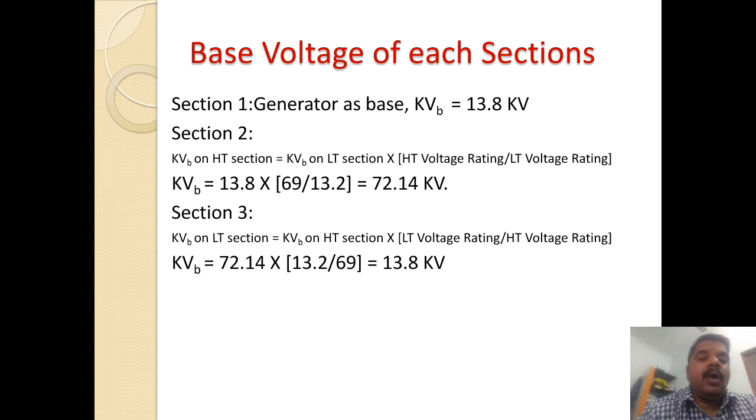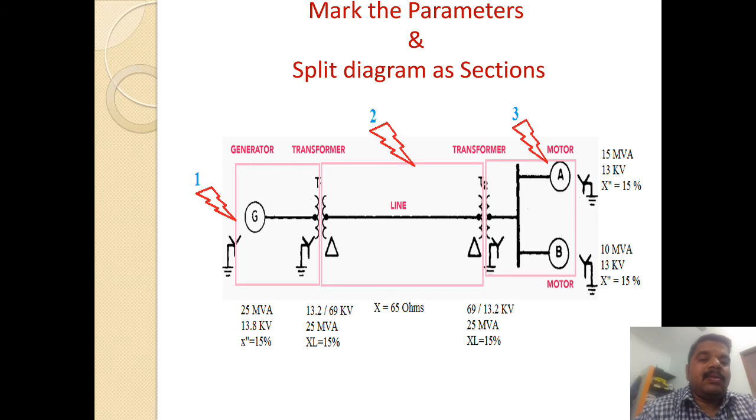For section 2 and section 3, we have to find the KVB new value. How do we find the KVB new value for the second section? For section 2, we have the transformer T1 secondary, the line, and the transformer T2 primary.